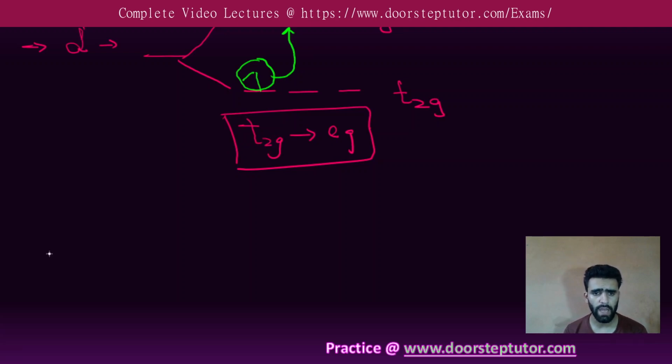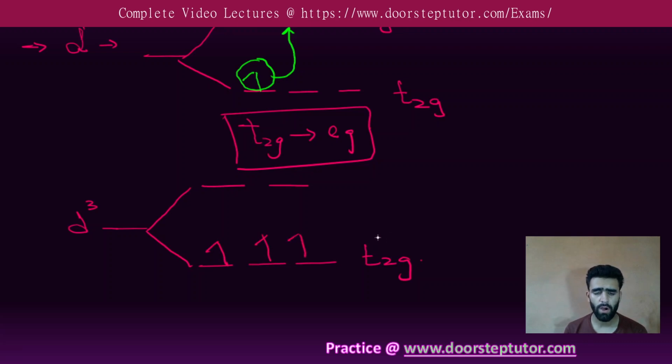Similarly, suppose we had the d3 case. In the d3 case, the splitting of the d orbital will happen, and the splitting will be like this. So this will be our t2g, and this will be our eg.